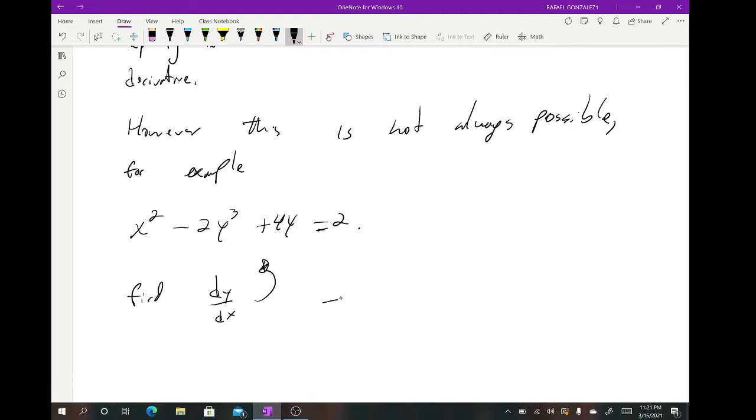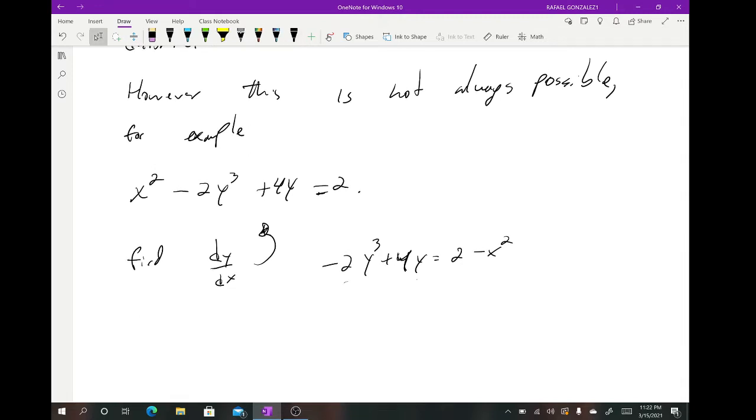I mean, you could try to move the x term to the right side, right? So your instincts may tell you to do this, but then, solving here for y is actually very difficult. Separating this is not as easy as you may be used to, and it will take a lot of work.